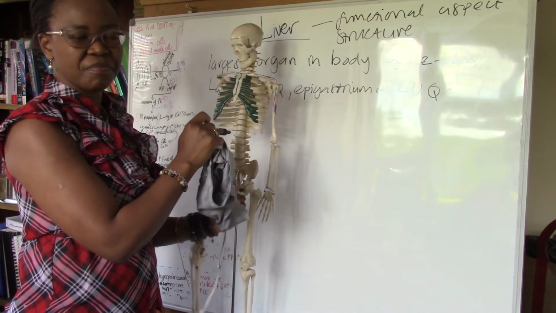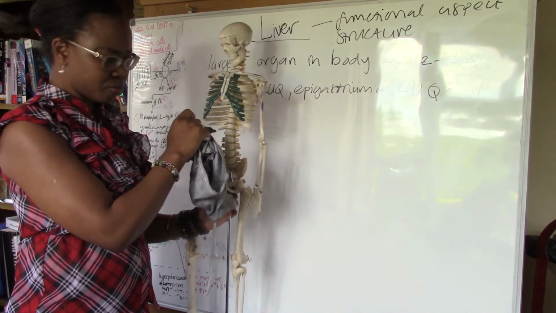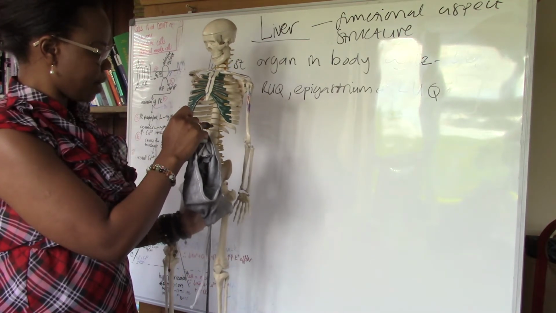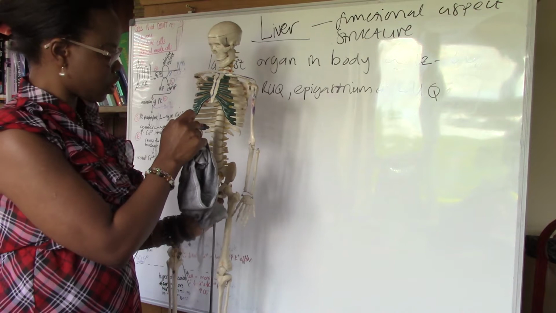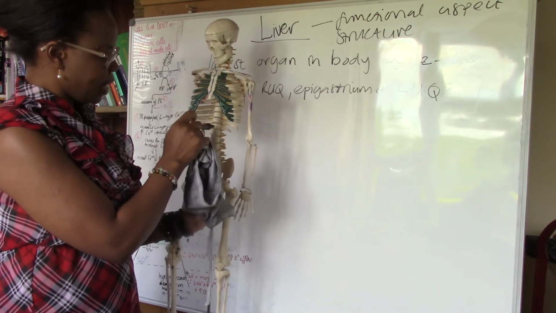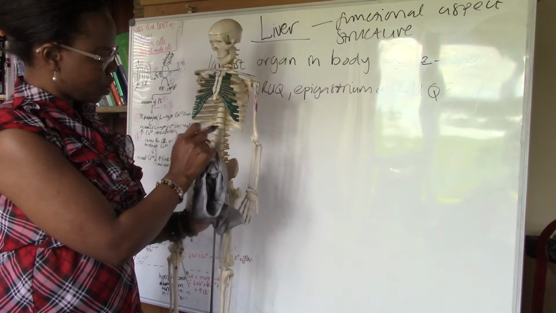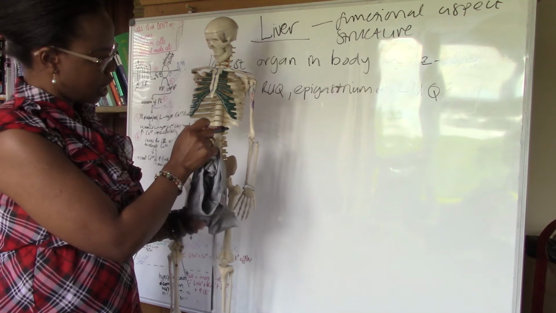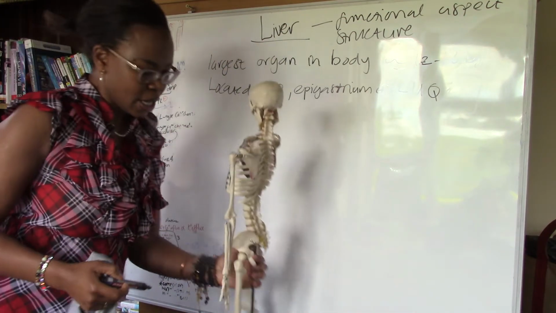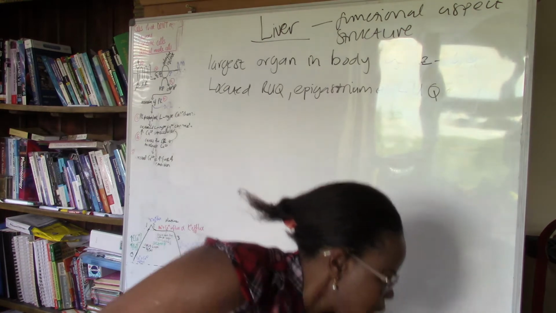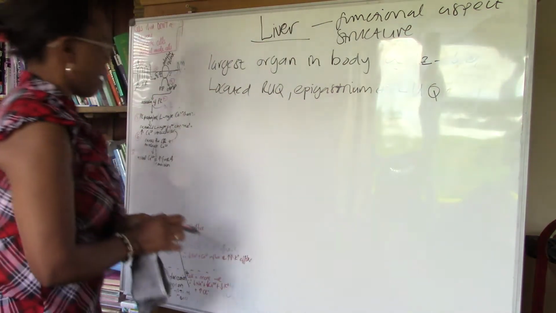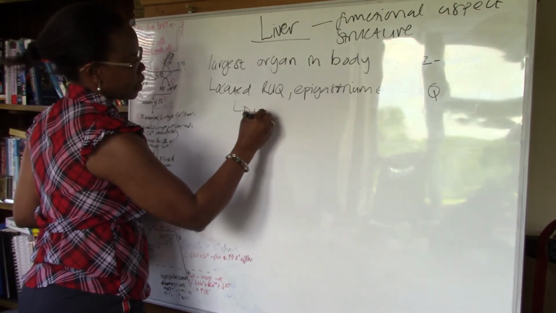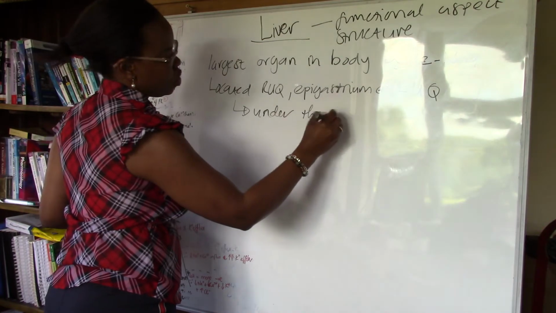It has an impression of the diaphragm, and then it lies on the right upper quadrant, a little bit on the epigastrium, and some of it lies on the left upper quadrant as well. I don't think I'll make the model, but I'll just leave it there. So it is located there, and really it lies under the dome of the diaphragm.